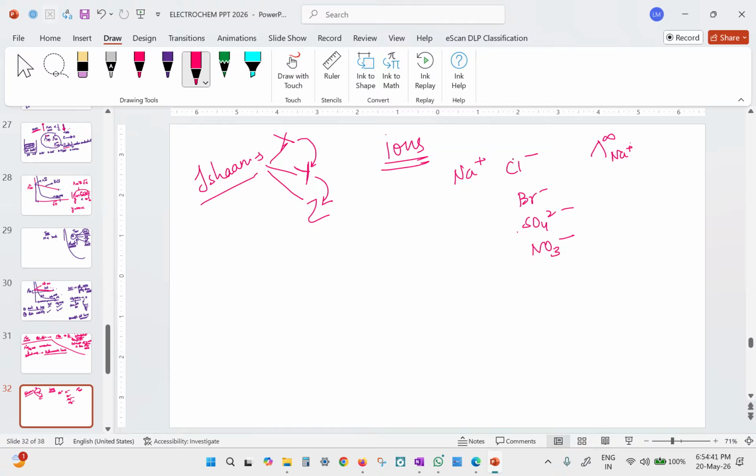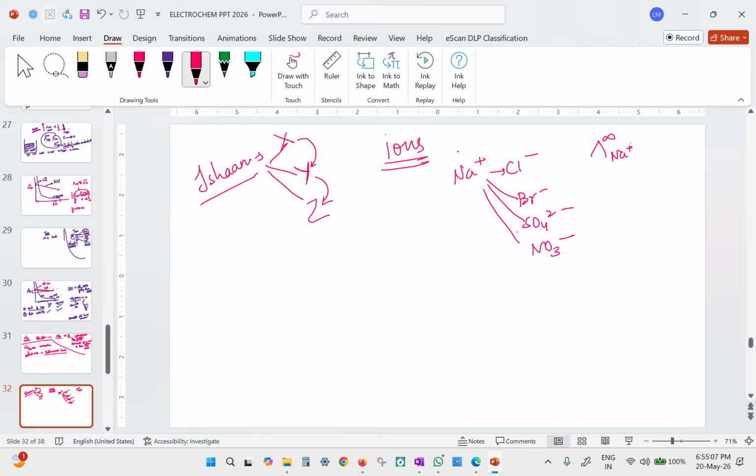So is it going to be different with chloride, different with bromide, different with sulfate, different with nitrate? No, ma'am. When it is a concentrated solution, yes, it will be affected. But when it is infinitely diluted, sodium ion is free from interionic attraction from chloride. Sodium ion's behavior is independent of bromide, sulfate, nitrate.